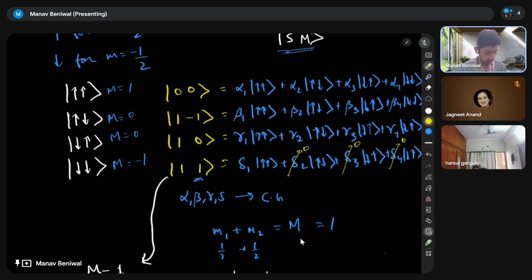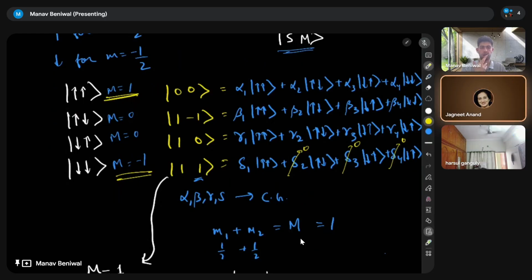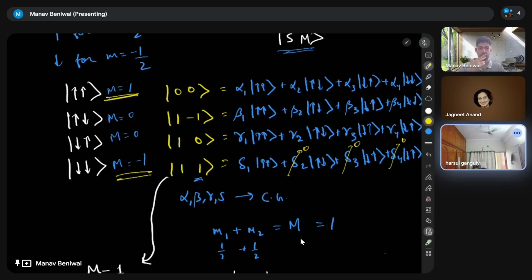Is it clear now? Okay. Now following the same logic we used for m equals 1, we can do the same for m equals minus 1. So here we have m equals minus 1. Now tell me, beta 1, beta 2, beta 3, beta 4, which term will remain? Three will go to 0, right? Both down arrows down.